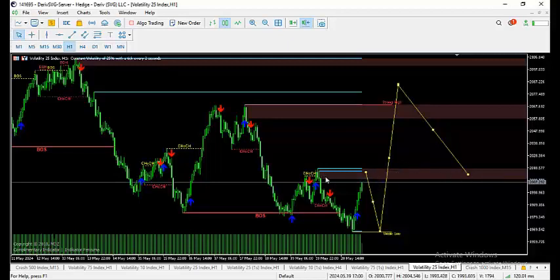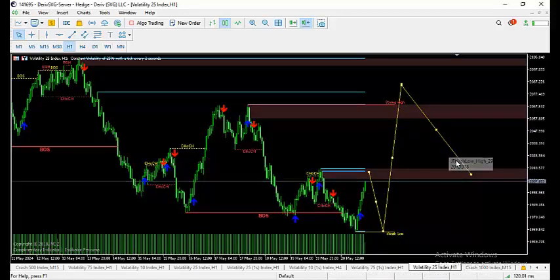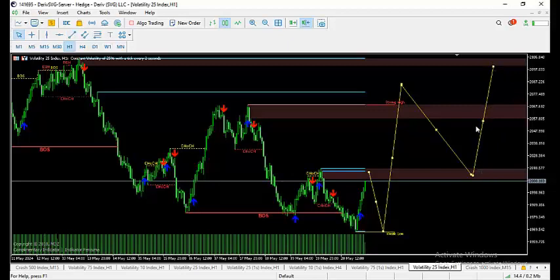And this order block over here will be seen as a breaker block. So it comes back here, and then we can have more rising signals over here. This is how we simply analyze the market.